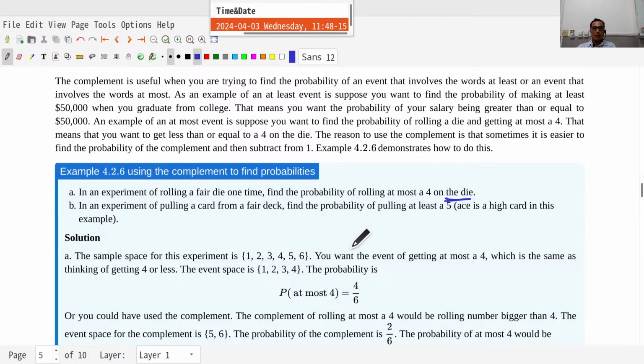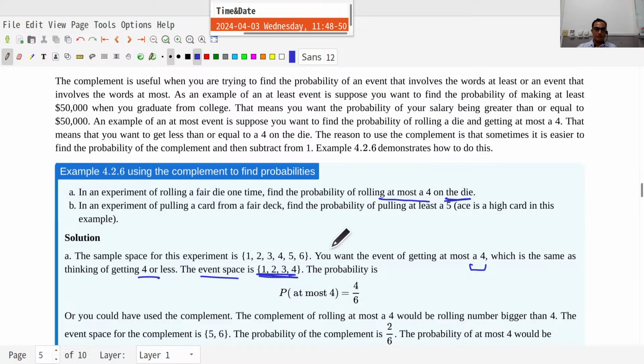You want the event of getting at most 4, which is the same as getting 4 or less. The event space is 1, 2, 3, 4. Thus, the probability is 4 over 6.